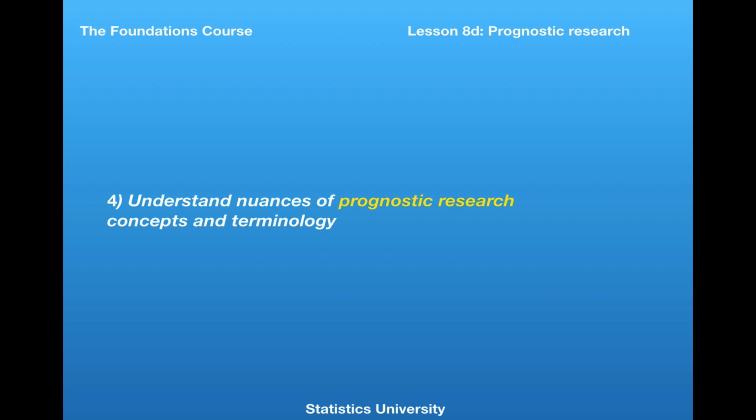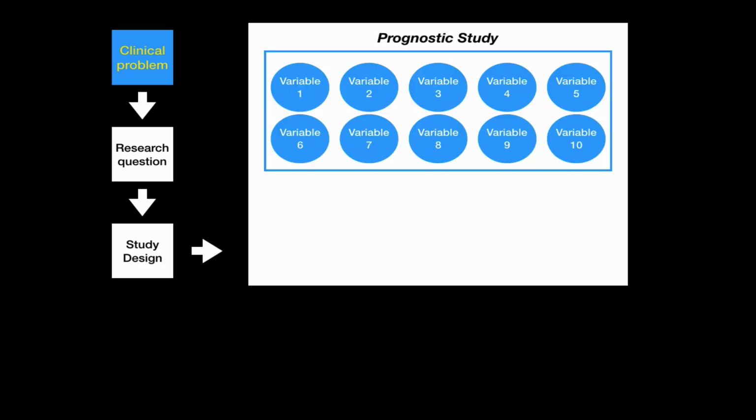The fourth principle is to understand nuances of prognostic research concepts and terminology. We start with a clinical problem. From this, we construct a research question and study design. In a prognostic study, we measure several variables that might be of interest as predictors, and we use them as input to our multivariable clinical prediction model.